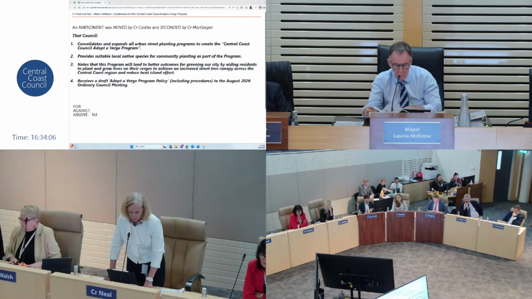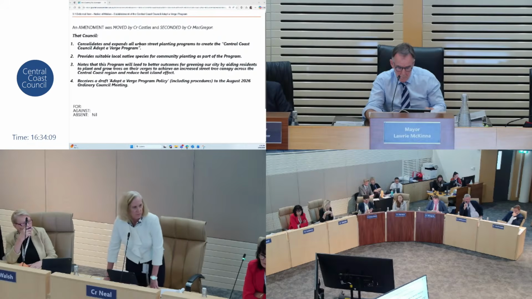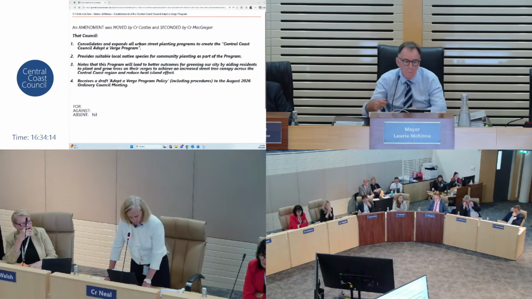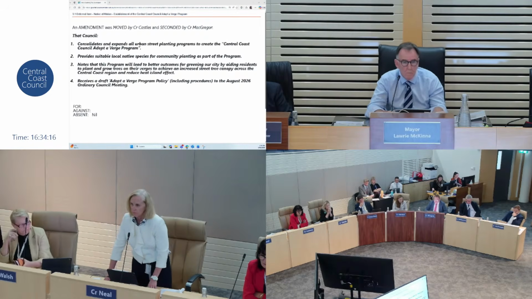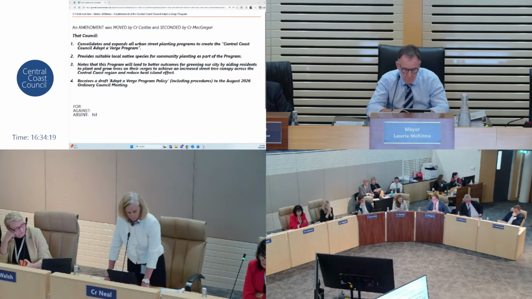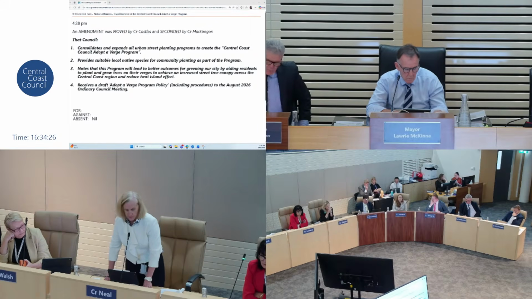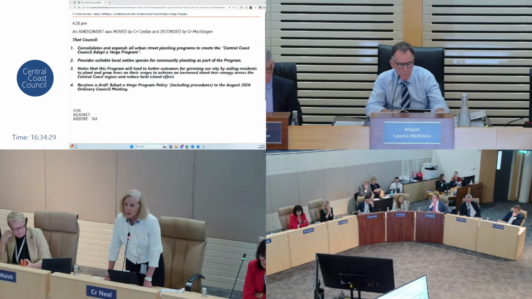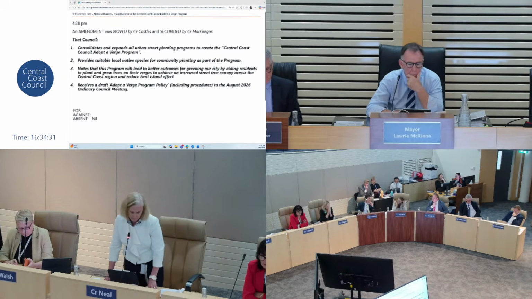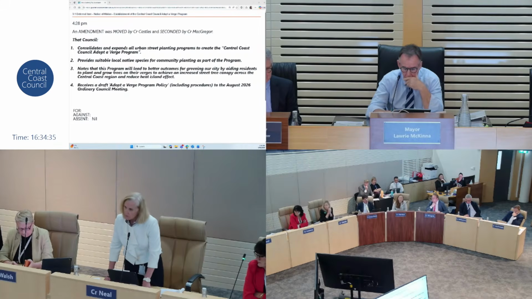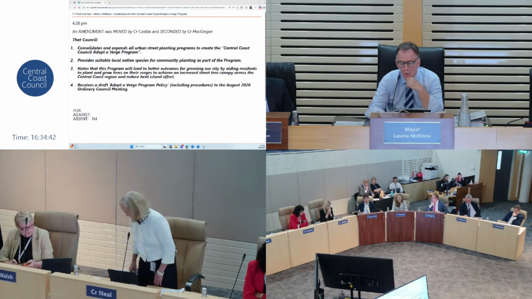If we'd allocated $1 million as we should have, and Councillor Stanton wanted to use $100,000 for general free tree planting, that might have been reasonable. But when the only money allocated for the peninsula to increase the tree canopy is being reallocated, I think that's highly improper, and I suggest the councillors not support this. Thanks, Councillor Neil.